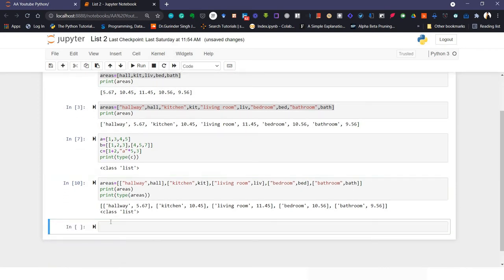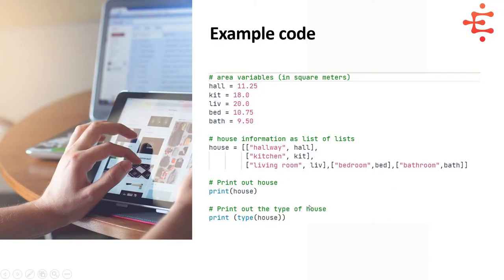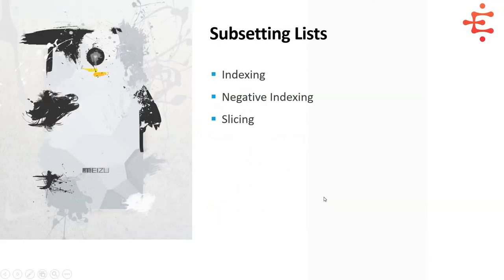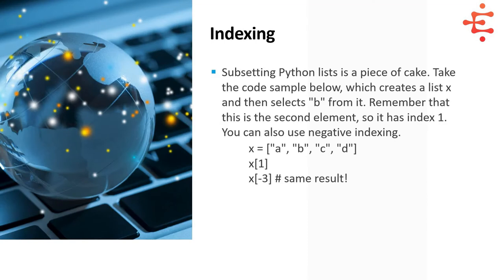Okay, so now moving to the next slide, the topic is subsetting lists. It includes subtopics indexing, negative indexing and slicing. So what is indexing? See, whenever we are counting numbers in our daily life, we are starting numbers from 1, 2, 3, 4, 5 and so on, like this.